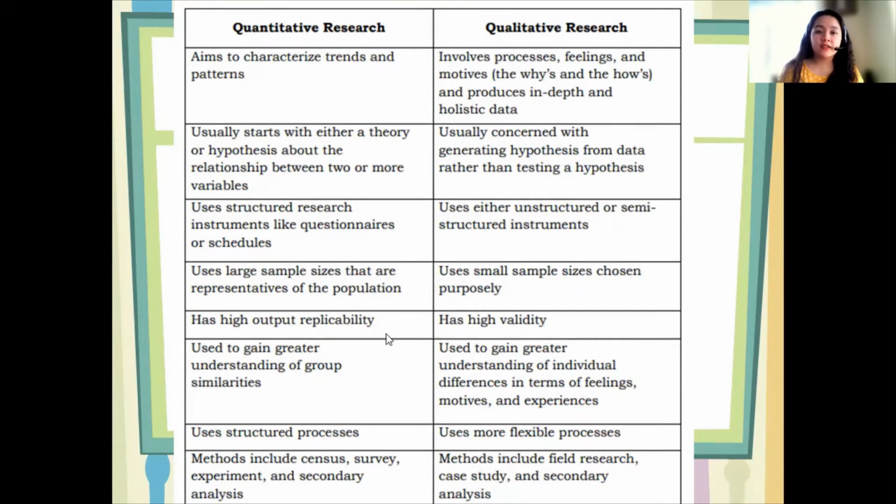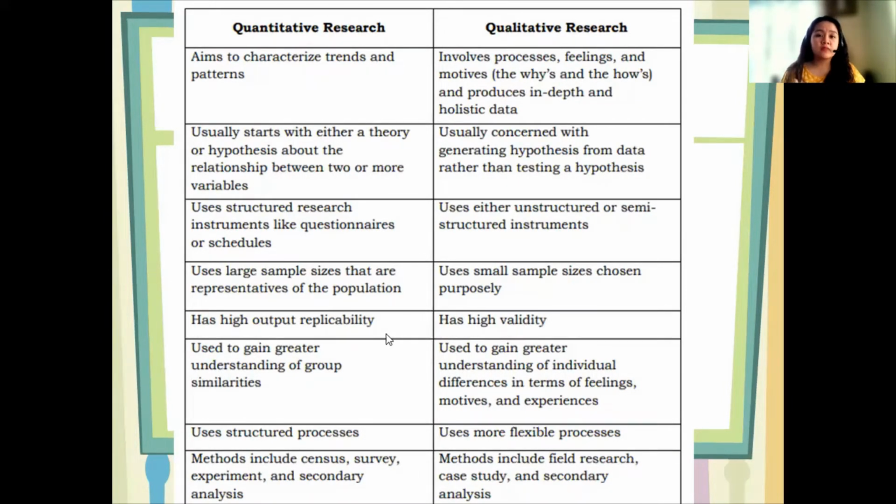So quantitative research usually starts with either a theory or hypothesis about the relationship between two or more variables. So there's this part in chapter 1. So you're going to put conceptual theory or conceptual framework or pwede ding theoretical framework and hypothesis.